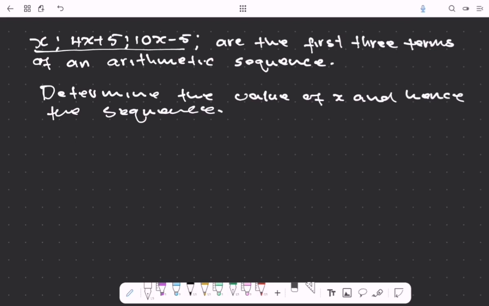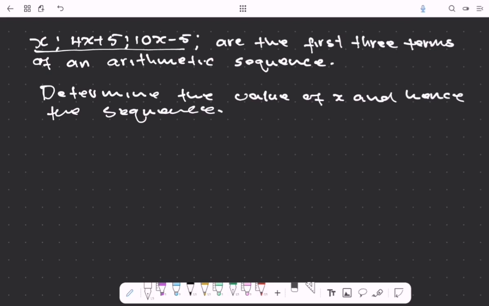So let's think back. What are the properties of an arithmetic sequence? They have a constant first difference. All arithmetic sequences have a constant first difference. So let's use that property to solve this.